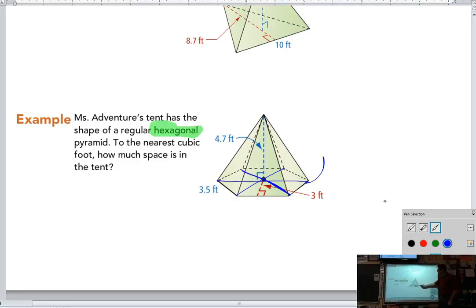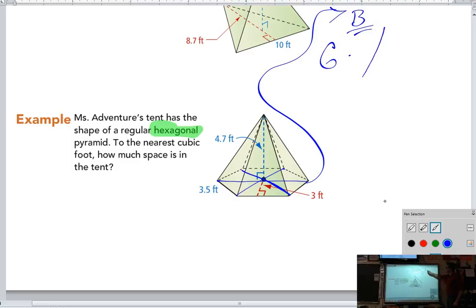So for your big B process, just do 6 times the triangle. I like to at least think about, if not draw, everything that we know about this triangle. This edge on the bottom of the triangle is going to measure how long? 3.5, because we were told that over here. This height of the triangle is going to be 3.